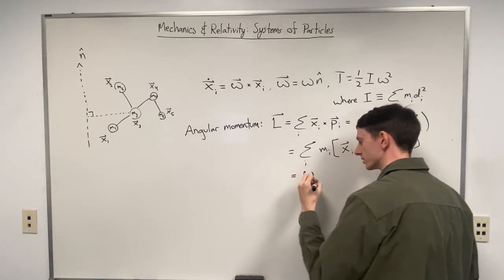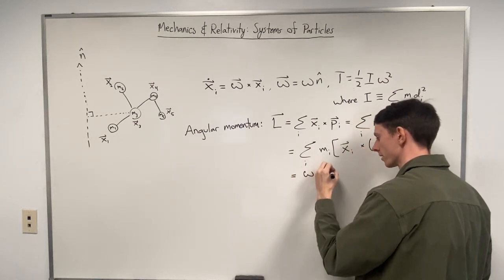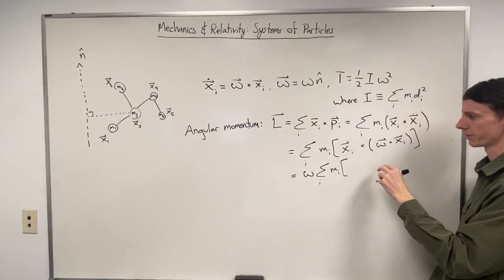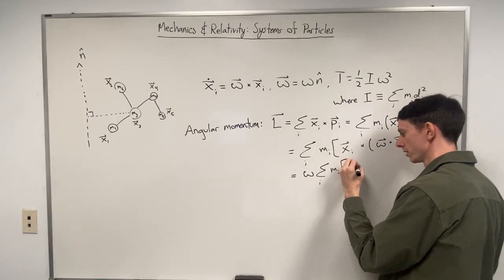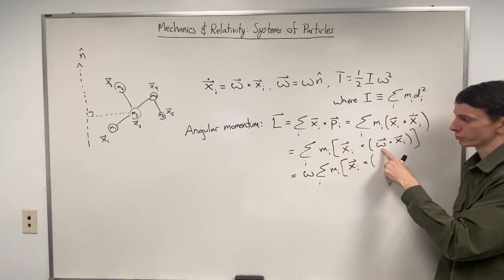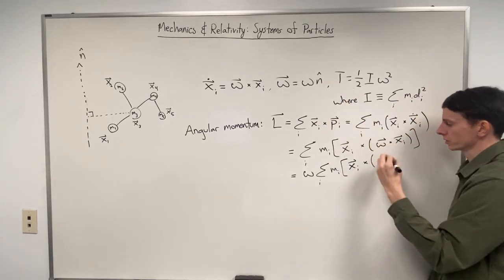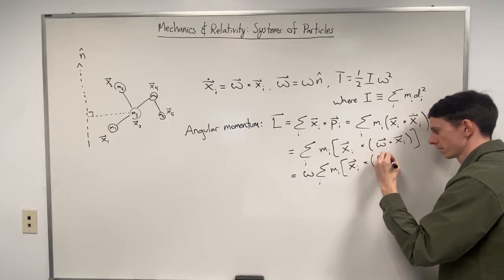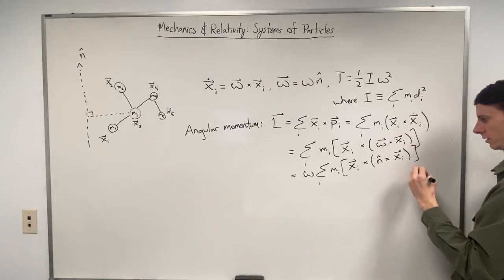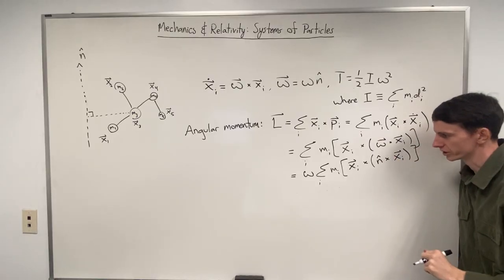So I can write this as omega times the sum over i, m_i, and then pretty much the same thing in brackets, x_i cross. Now instead of omega, we took the magnitude out, so we're left over with just n hat cross x_i like this. So that's what the expression would be.